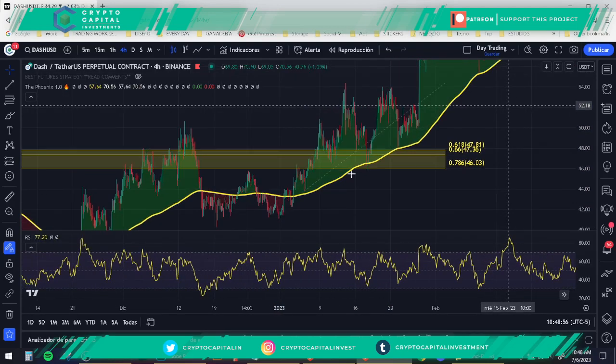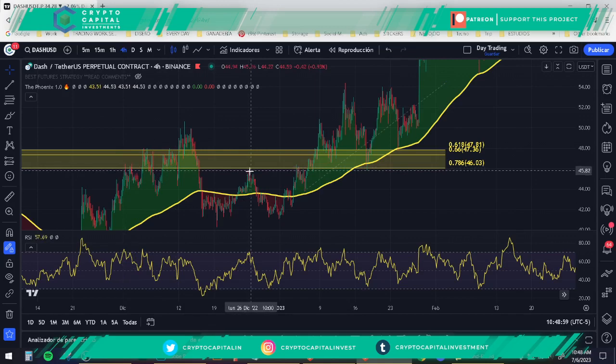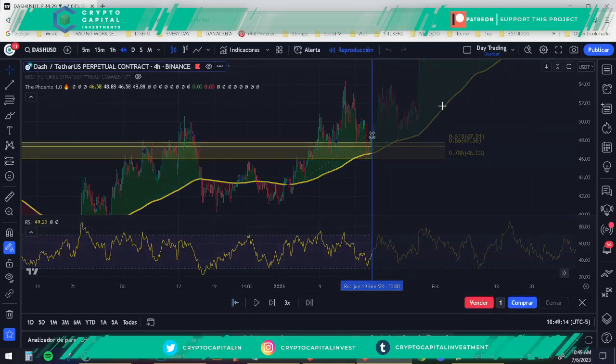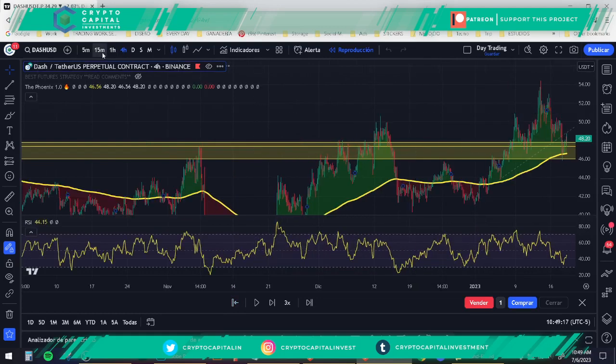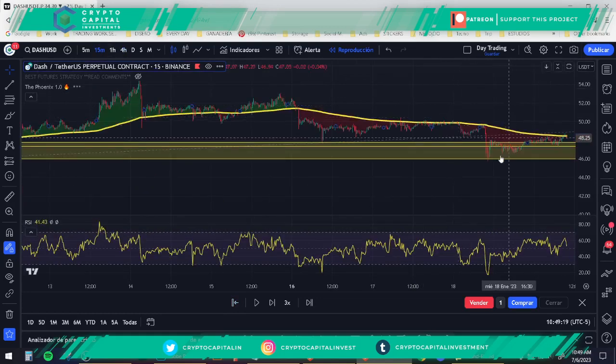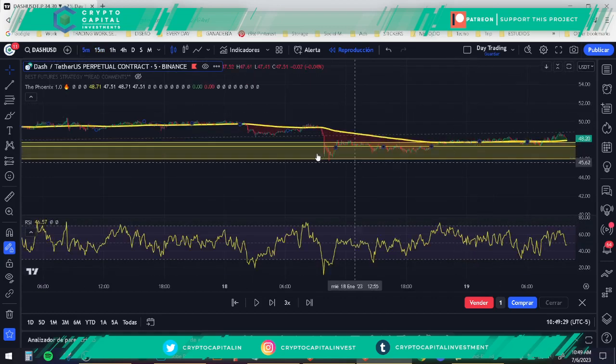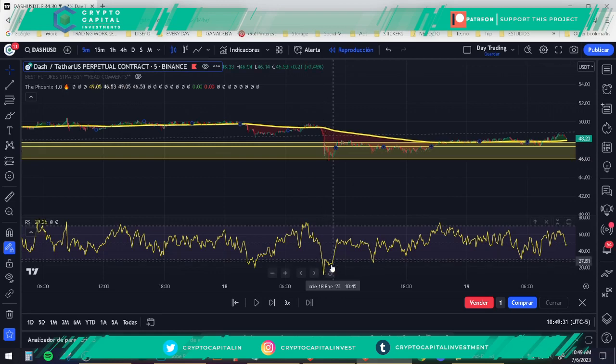So you want to identify, and you have identified this area, this 0.786. That is a very nice area to place your trade. But also what you want to do is go to that area, and I was hoping to find at least a divergence in some way. Well, there is a divergence here on the 5 minute.